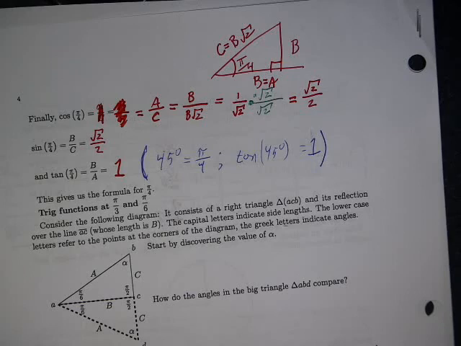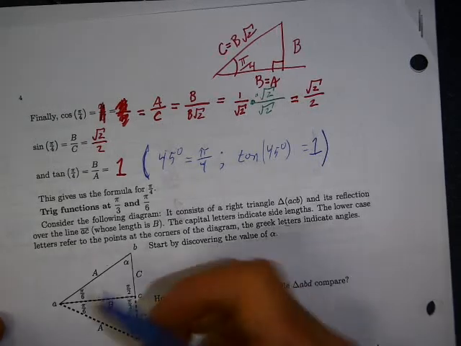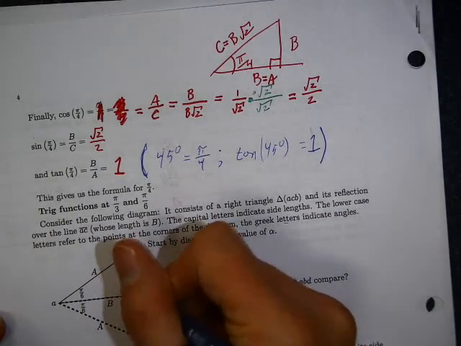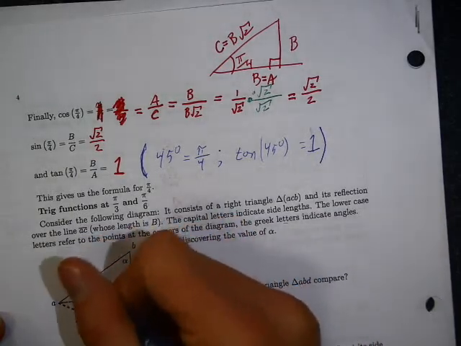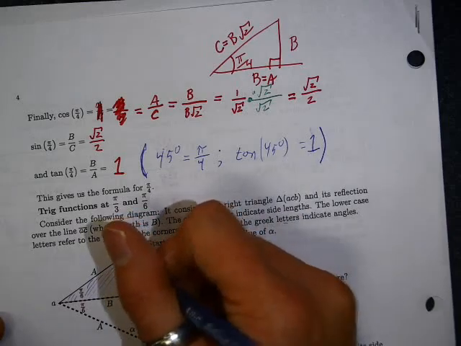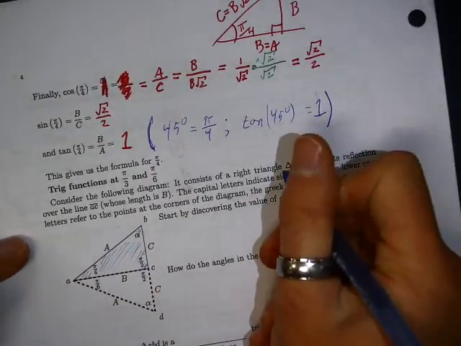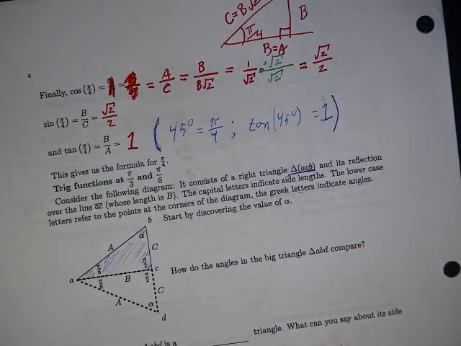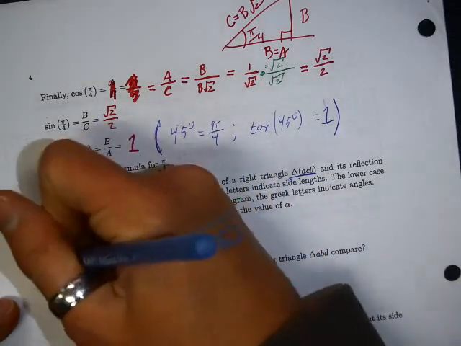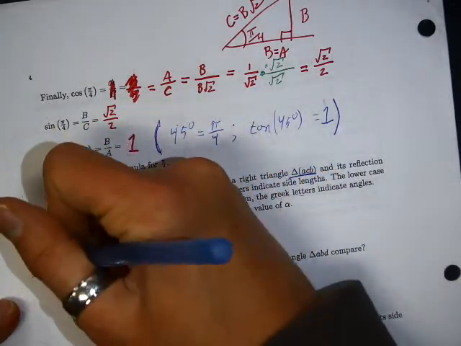Let's determine the trig functions at pi over 3 and at pi over 6. We will do so by studying this triangle, which may be a word about notation. I will refer to a whole triangle by drawing a triangle and then writing the names of the vertices. So this triangle is denoted by triangle ABC.